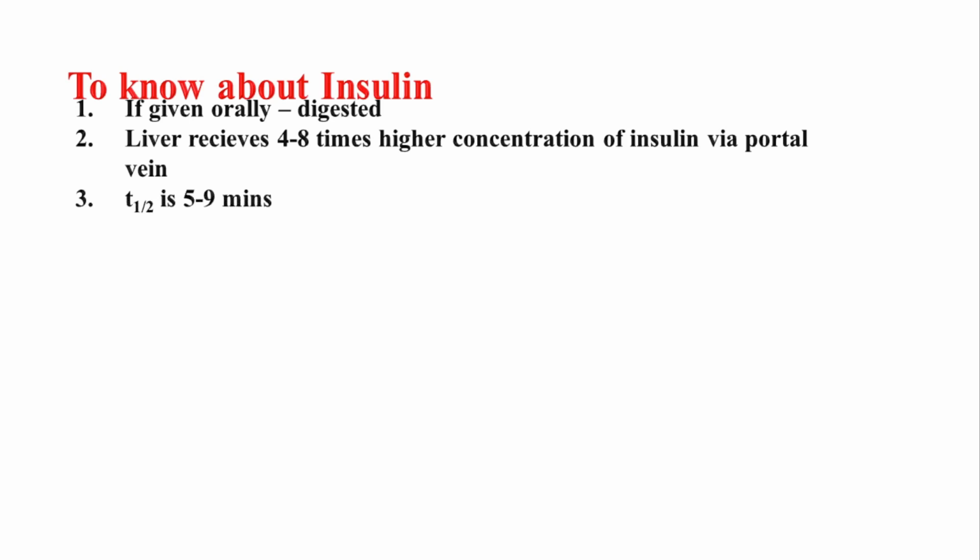The T half of insulin is only 5 to 9 minutes, which means for precise control of glucose, this is an ideal molecule. If glucose level goes up, out comes insulin, controls the glucose levels within a matter of 10-15 minutes. And if glucose level falls, insulin secretion stops and the actions of insulin will stop within another 10-15 minutes. So that's how insulin controls glucose metabolism.